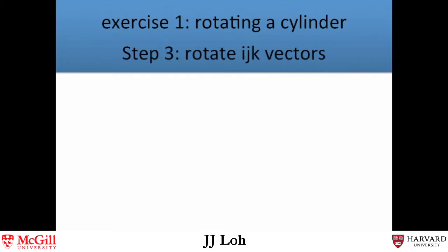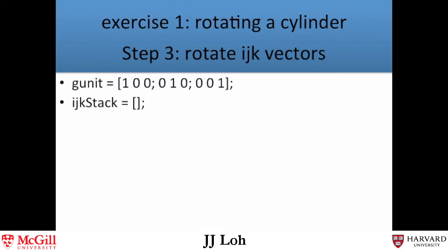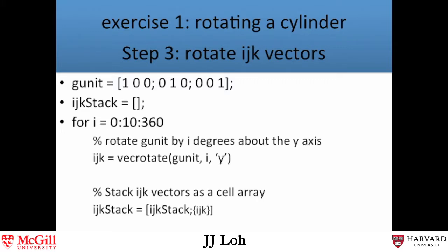I want to rotate this local coordinate system about the x-axis. So I start off with the ijk vectors 1, 0, 0, 0, 1, 0, 0, 0, 1. And then I use another old function called vecRotate, which rotates vectors about a specific axis. I'll rotate the ijk vectors every 10 degrees about the x-axis.